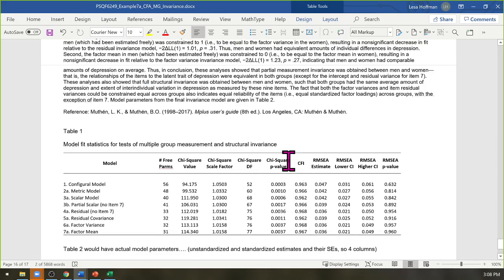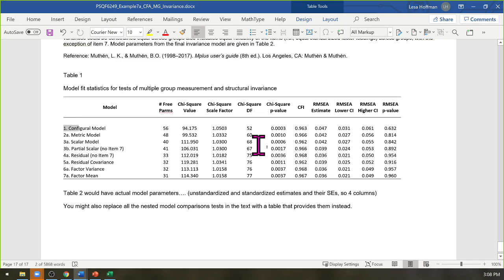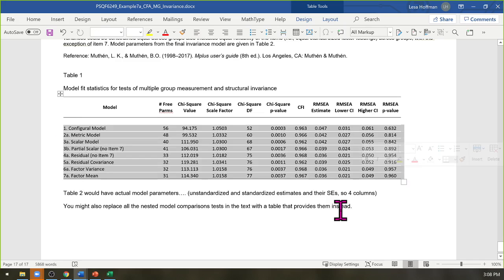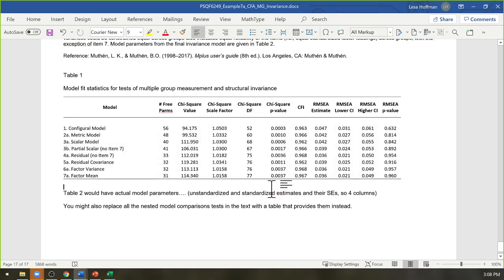So I would have a table that summarizes the fit of each model. That way you can explain to your readers not just what happened in terms of the hypothesis tests, but also the change, say, in CFI. So the CFI at its configural model was 0.96, and we got it all the way up to 0.97.